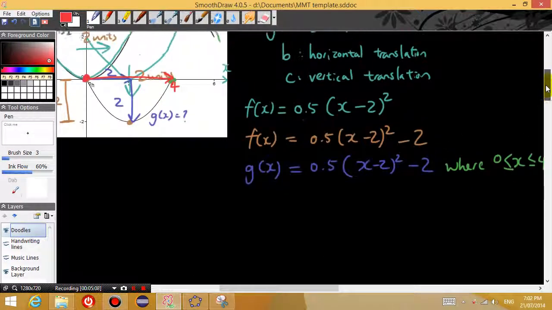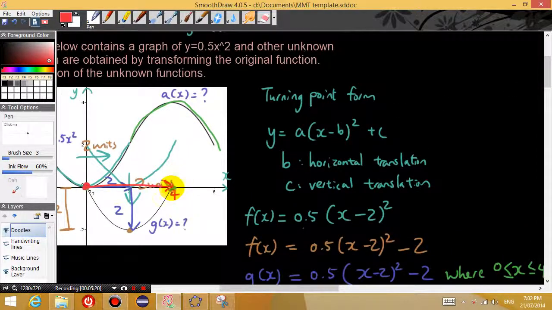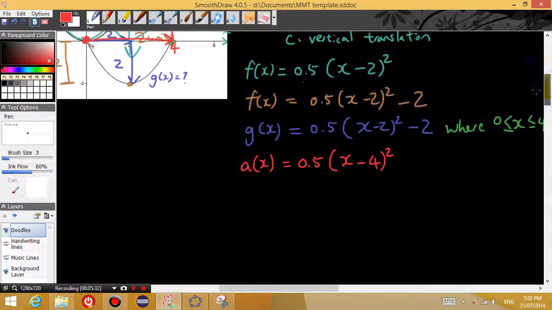So it'll be a of x equals 0.5(x minus 4) squared. And then I move it 4 units up. So the turning point is 4 units up. So I move it 4 units up, plus 4.